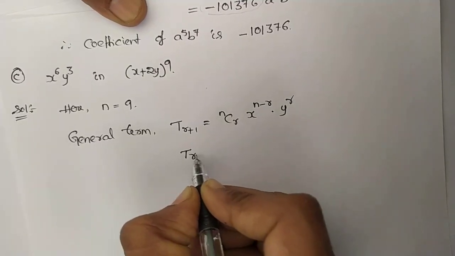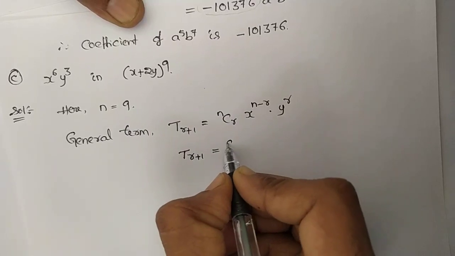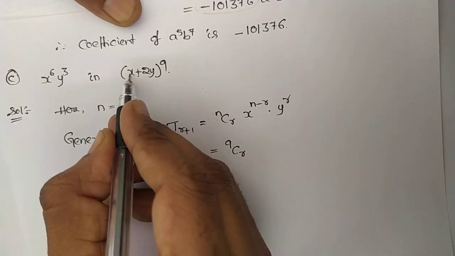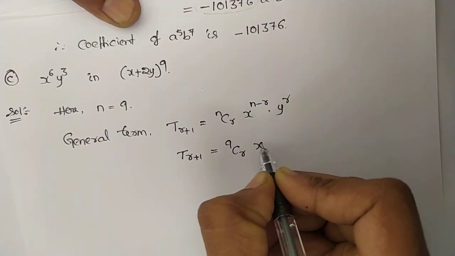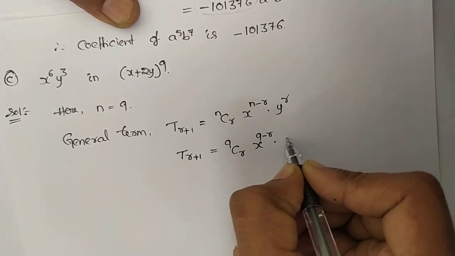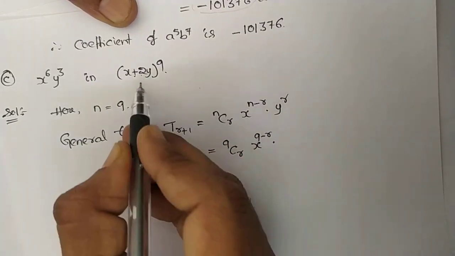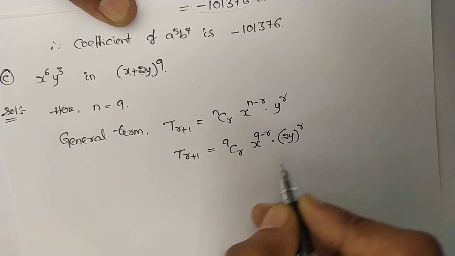So T(r plus 1) equals nCr, n is 9, 9Cr, x power 9 minus r. In place of x we have x only, you just keep it x itself. In place of y we have 2y, so (2y) whole power r. So it is the general term.